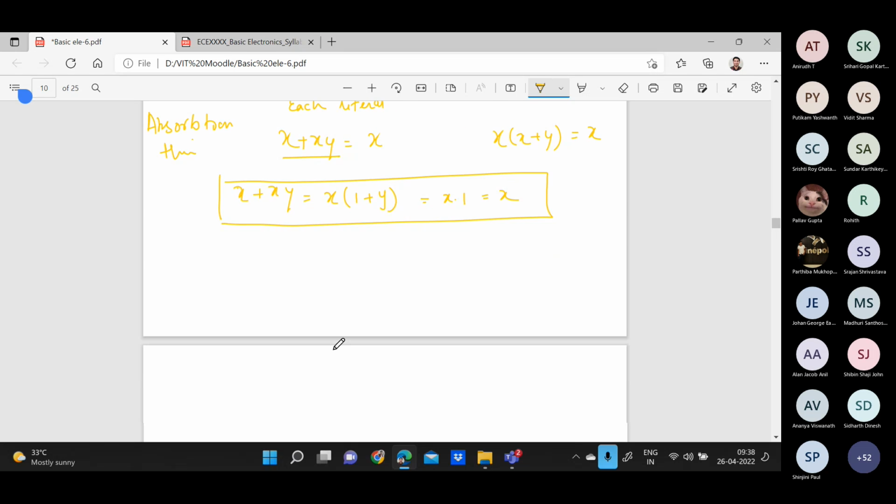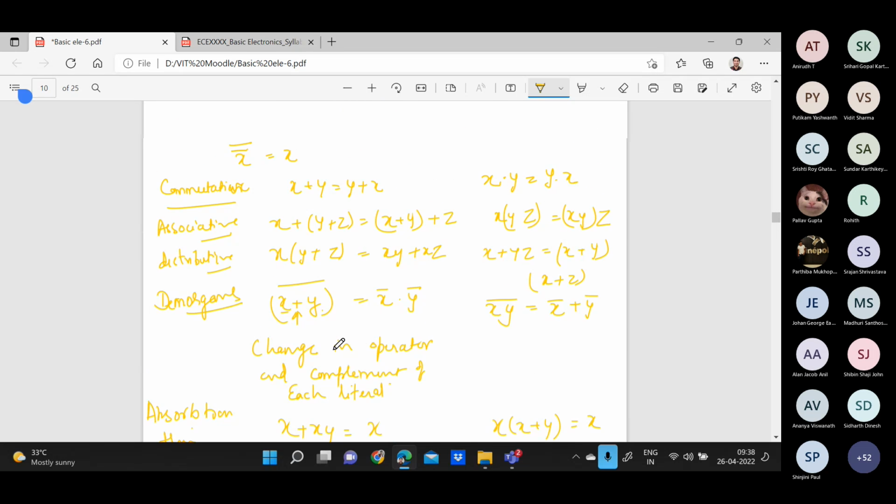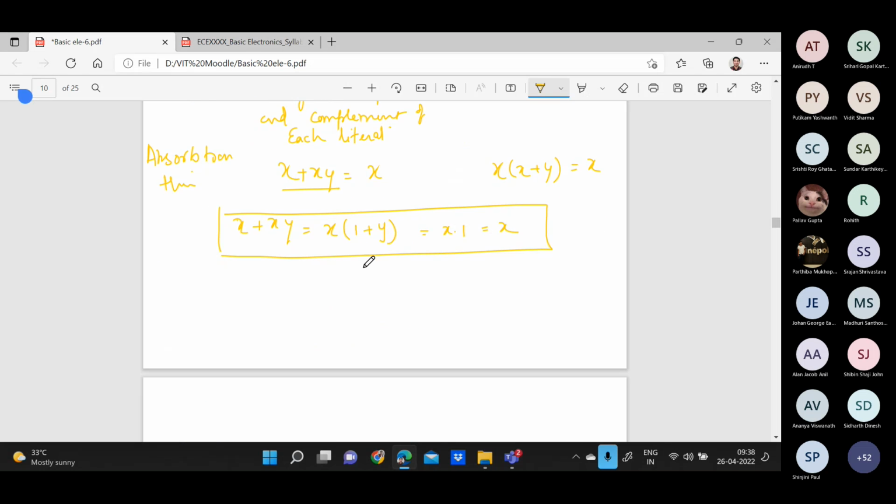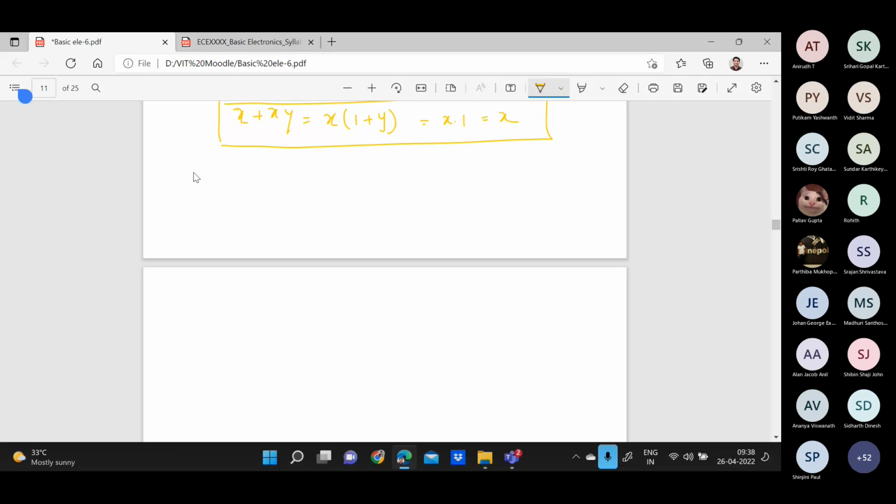So we have written all the theorems which are required for us. Now I am giving you a simple example of how the question will come in your exam, and how we can solve the problem using these theorems. For example, the first question is (X bar plus Y) whole bar. What is the first step? You open it, and you will get X bar plus XY.